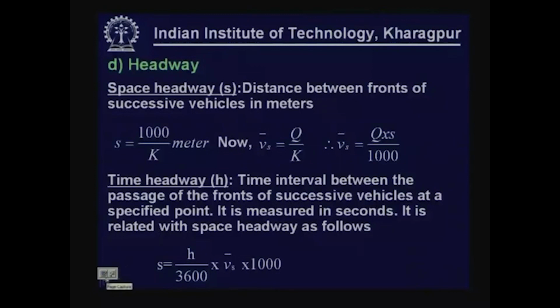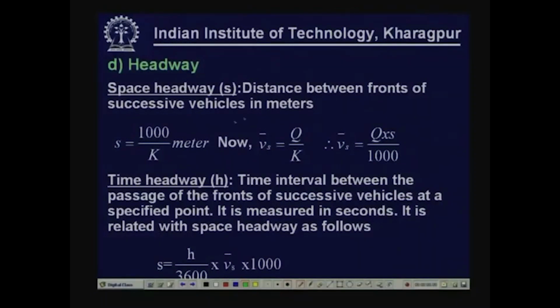So, if density is k, you have k vehicles per kilometer. So, what is the average spacing? It is 1000 meter divided by k. This is in meter, that is the spacing.